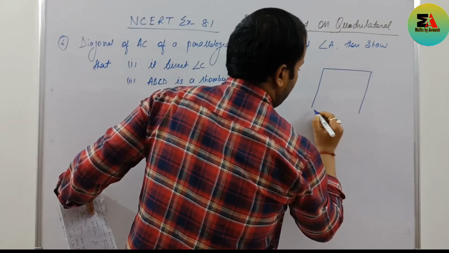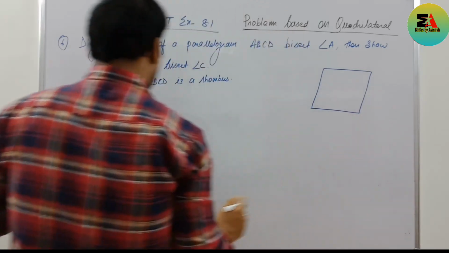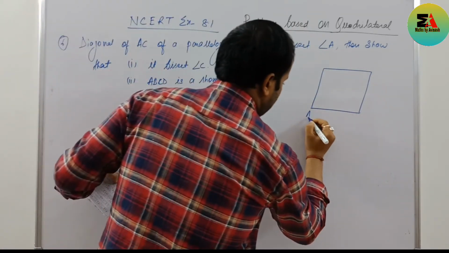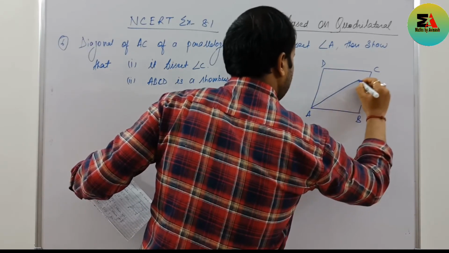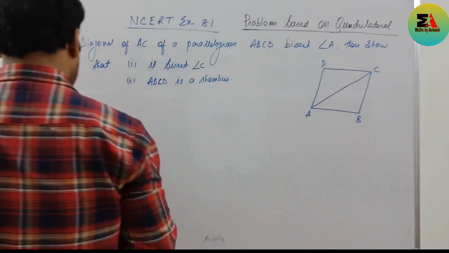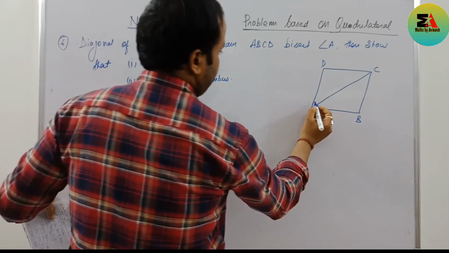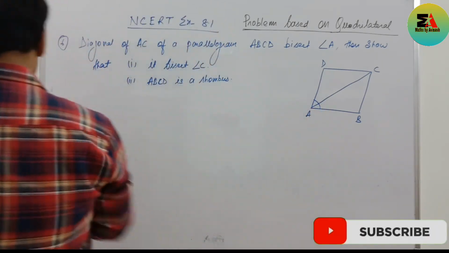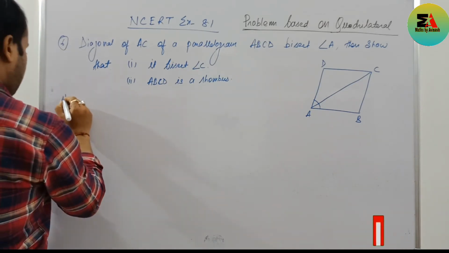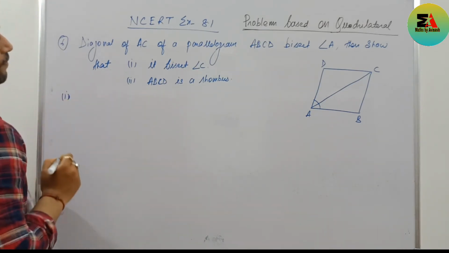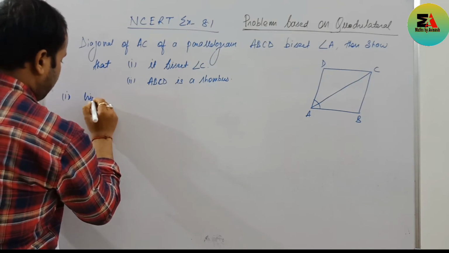We have this figure ABCD in which these are already given. This is the bisector of angle A. Now, how do we show that? First we do case first. What is given?